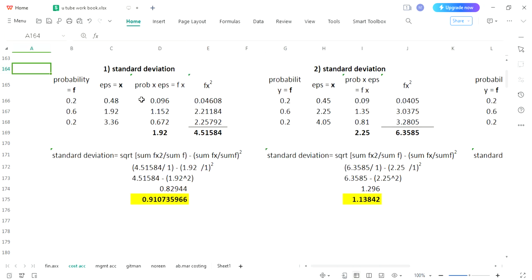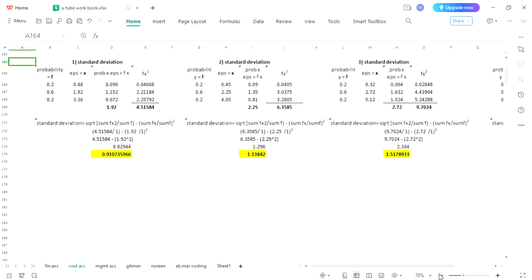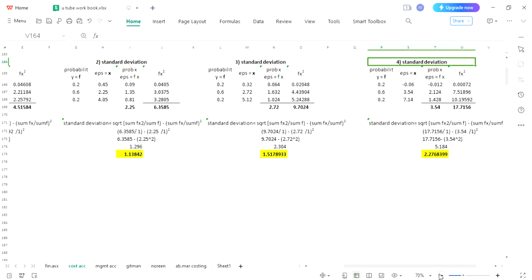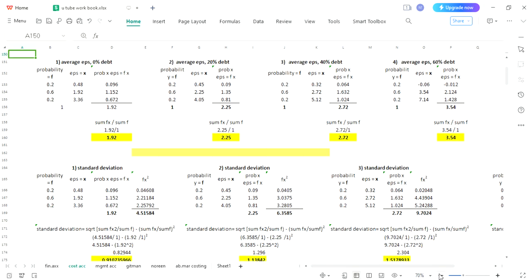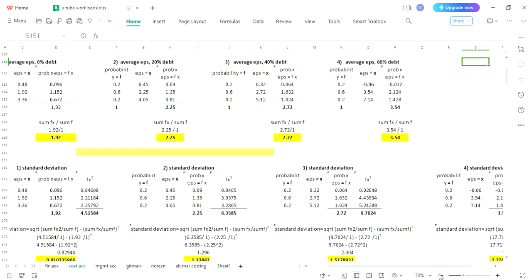Standard deviations are calculated. Let me show you what work we have done. Let's zoom out so that you can view it. These were 4 standard deviations, and above that there were 4 means or averages we have calculated, and you can use the same platform to calculate standard deviation as well.